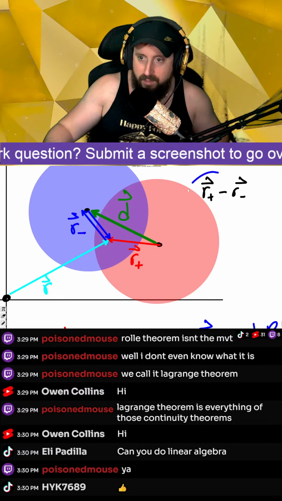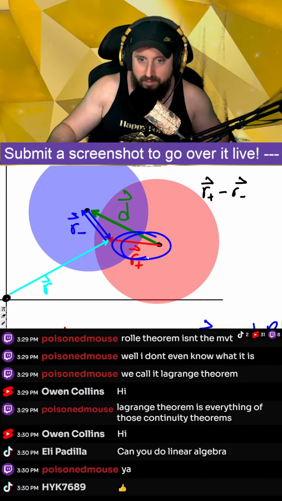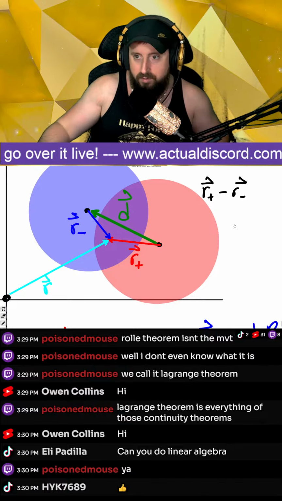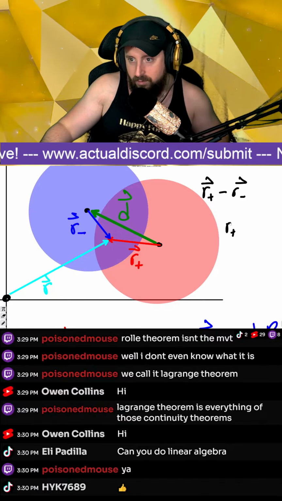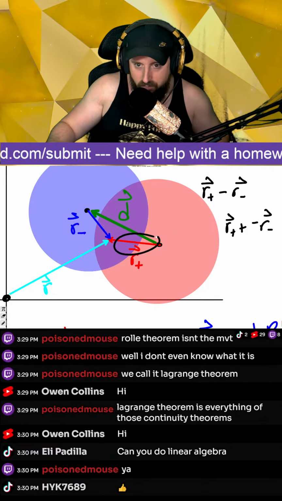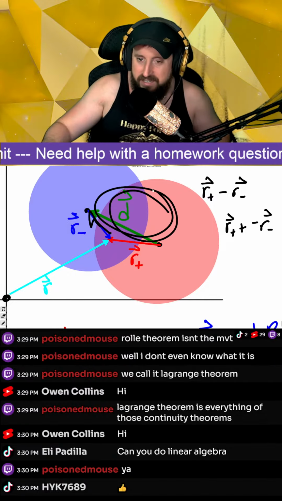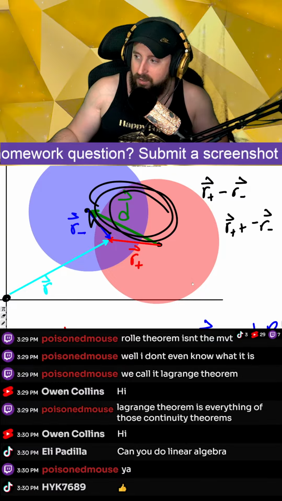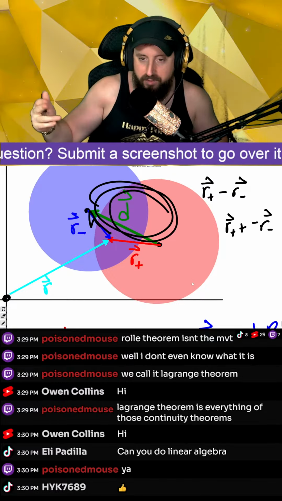Do you notice how, like, this minus this, which is this, really plus this? Here, this is the better way to write it, right? So I can say r plus vector plus the negative r minus vector. So this plus this is literally d. It's the same vector that connects the center of the positive one to the negative one.